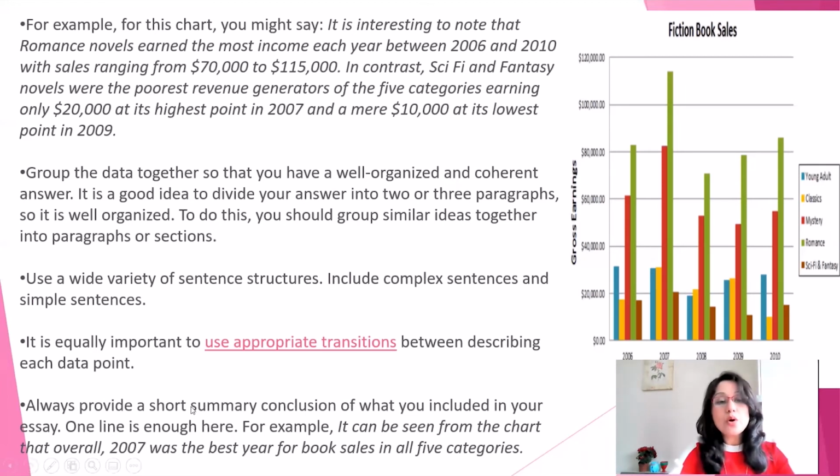It is equally important to use appropriate transitions between describing each data point. All right, so when you're making your transitions, it is very important to use appropriate ones, like in contrast. Make sure you have used the correct transitions. This is very much required.